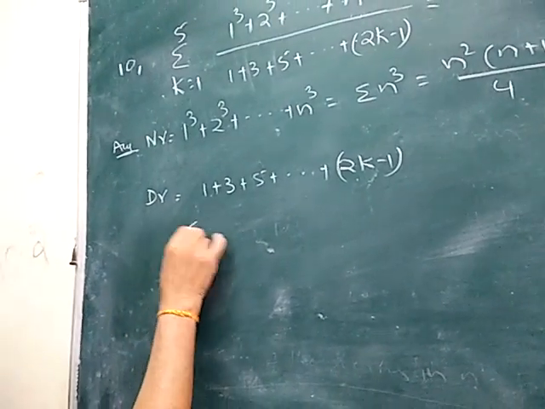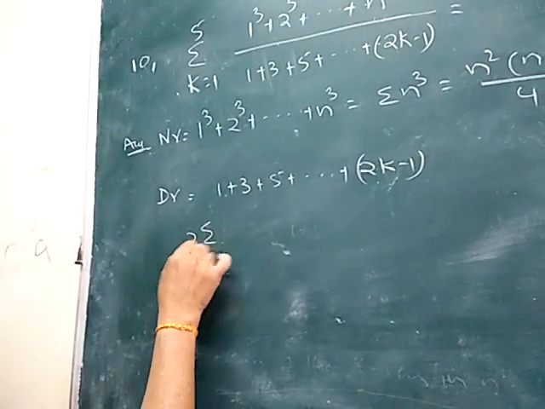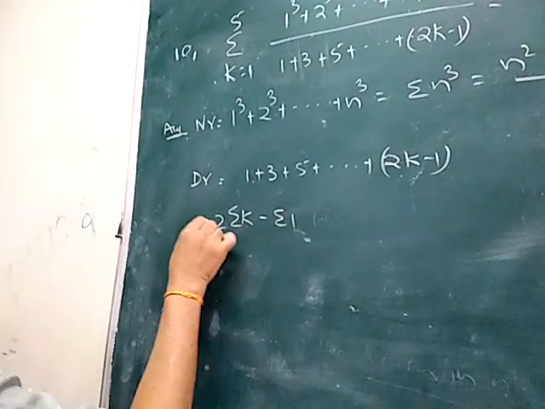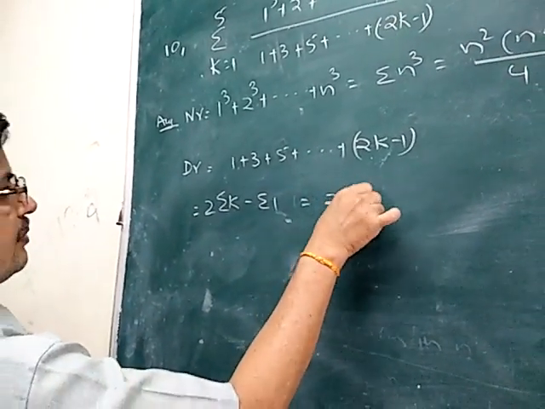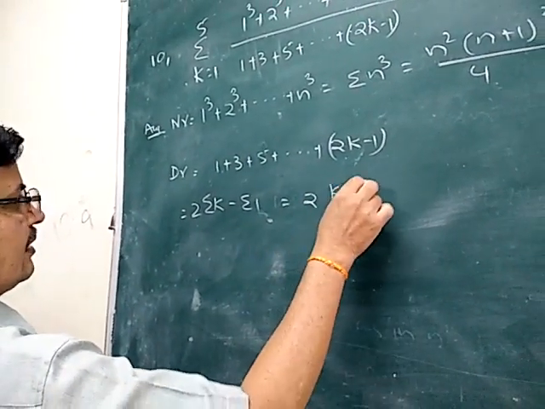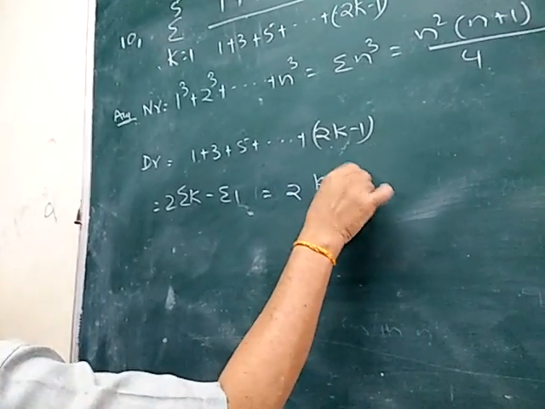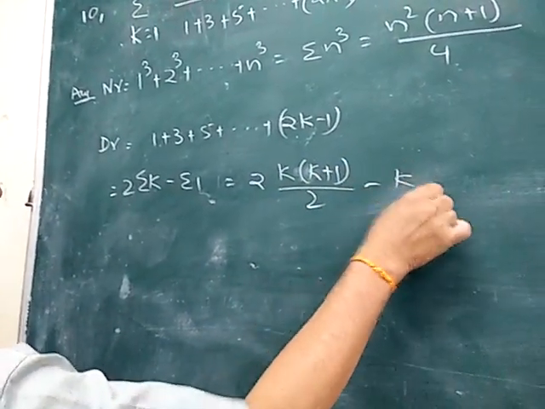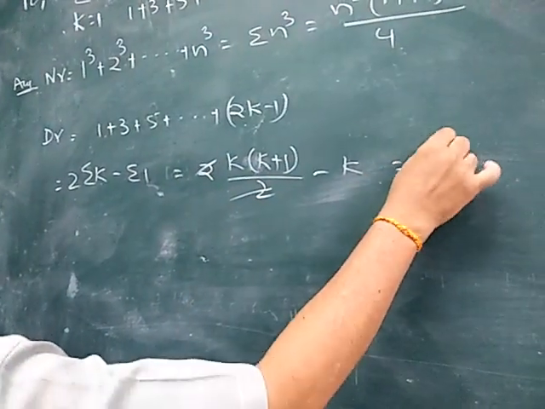Now applying sigma 2 into k minus sigma 1, that is 2 into k into k plus 1 by 2 minus k, this is k square.